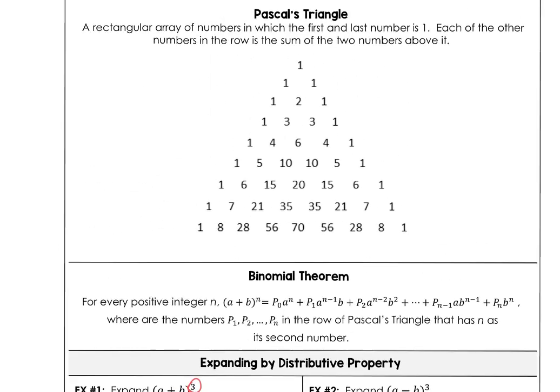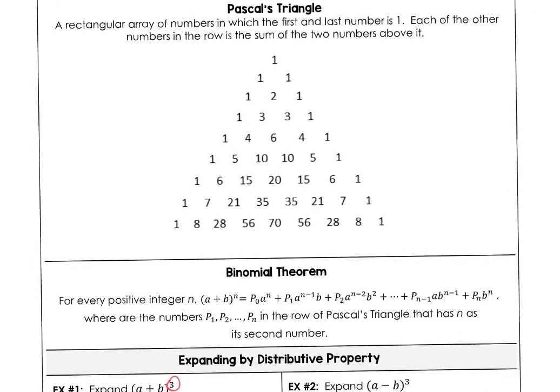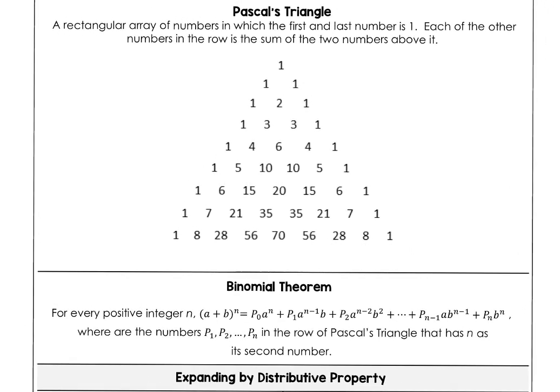and going back to Pascal's triangle, the power of 3 is going to come from this row. It's going to come from this row, because this row is (a plus b) to the 0 power, and this is (a plus b) to the first power. This is (a plus b) to the second power, and this is (a plus b) to the third power.